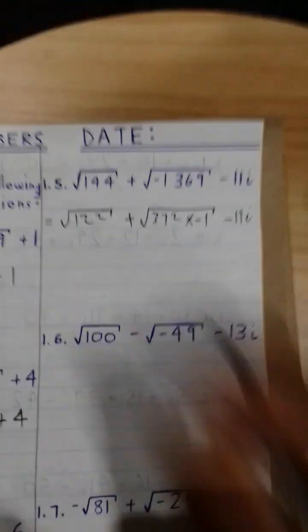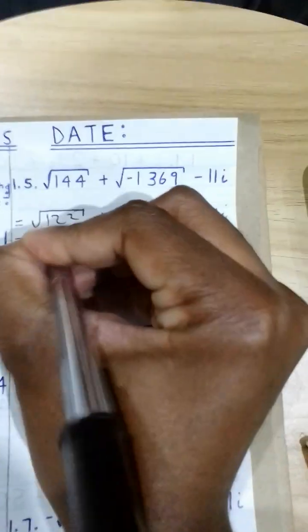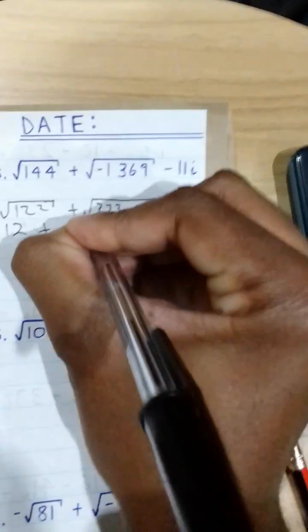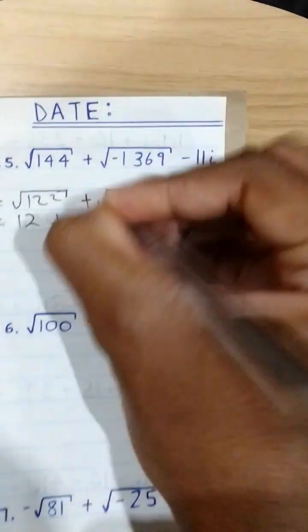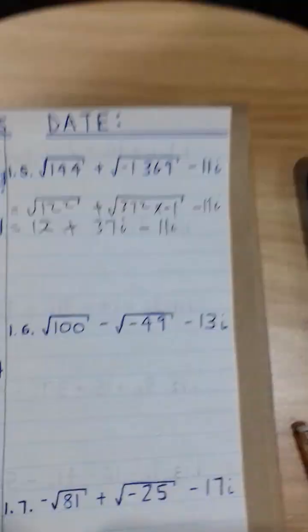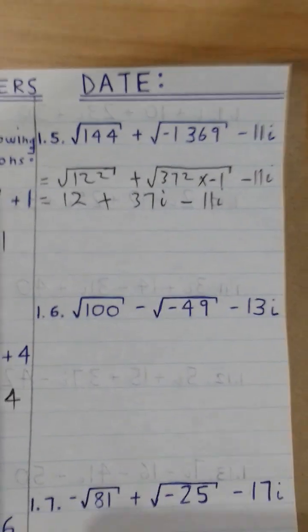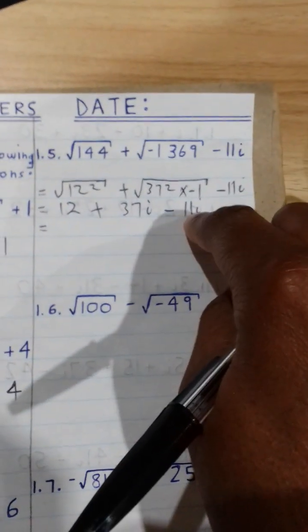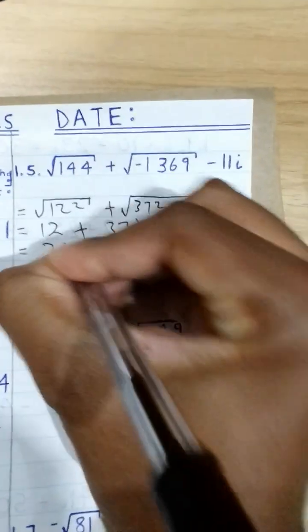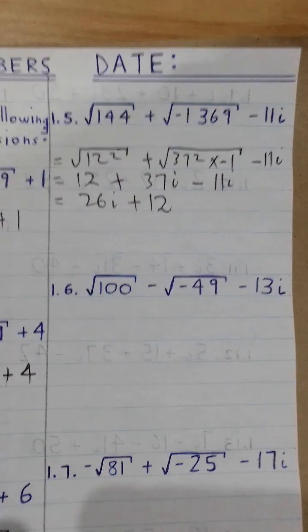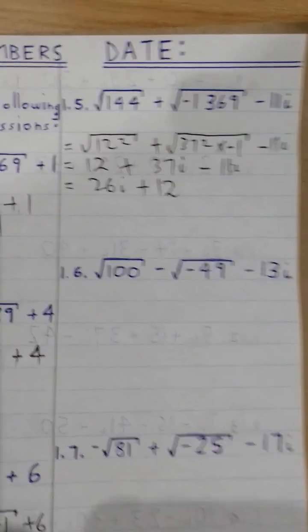Okay. Square root of 12 squared is 12, plus square root of 37 squared is 37 times square root of negative 1 is i, minus 11i. Then we collect like terms. 37i minus 11i is 26i plus 12. Or you can say 12 plus 26i, whichever configuration you prefer.